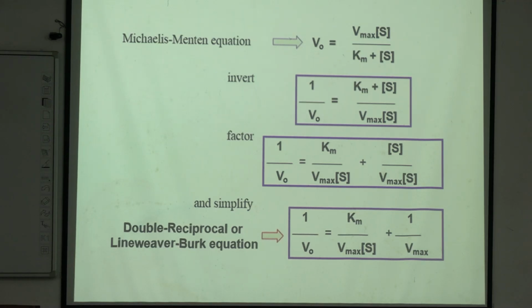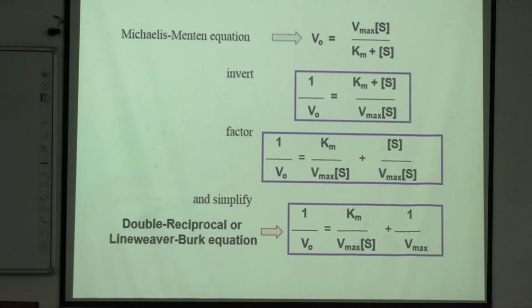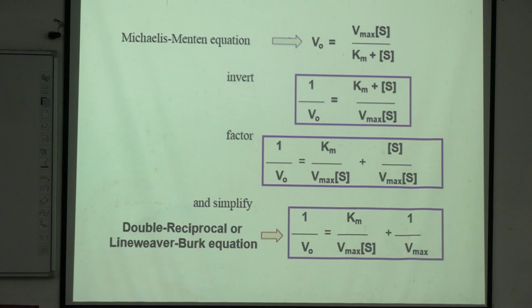How it came is written there, you can see. Just revert it, and then just separate it. And if you simplify, you get this. This particular plot system is called double reciprocal plot, or, named after the inventors, Lineweaver-Burk Plot.